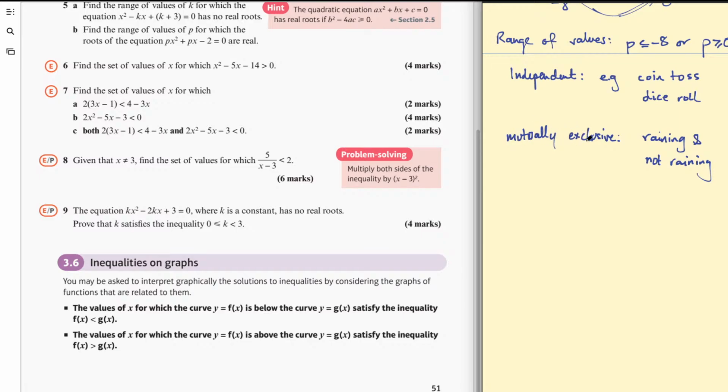Sorry, if it's mutually exclusive, it must be independent. No, that's not true. Actually, there's no connection there, is it? So, I mean, basically, if it's raining, that determines if it's not raining.